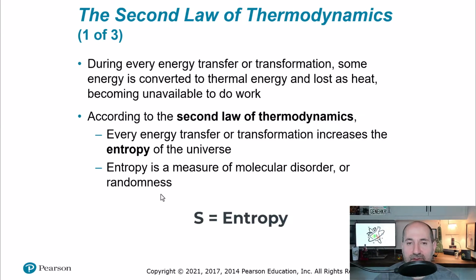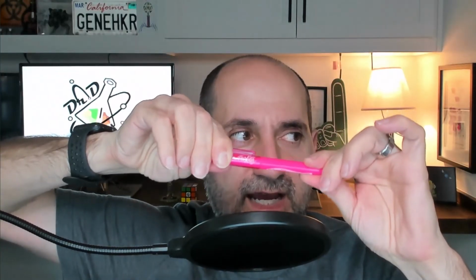One example is anytime something breaks apart. Like if I have this highlighter, you see how it is one piece? What if I were to break this highlighter in parts? If I were to remove the cap, now I have two parts, you see?